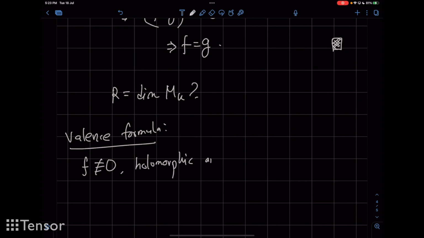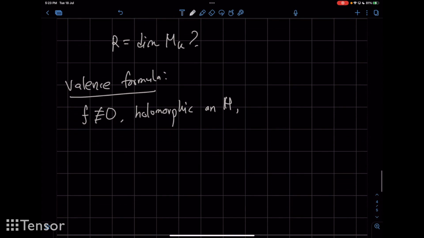We are stating the valence formula in its most general scenario. We could have said that f is a modular form, but that's a very special situation.